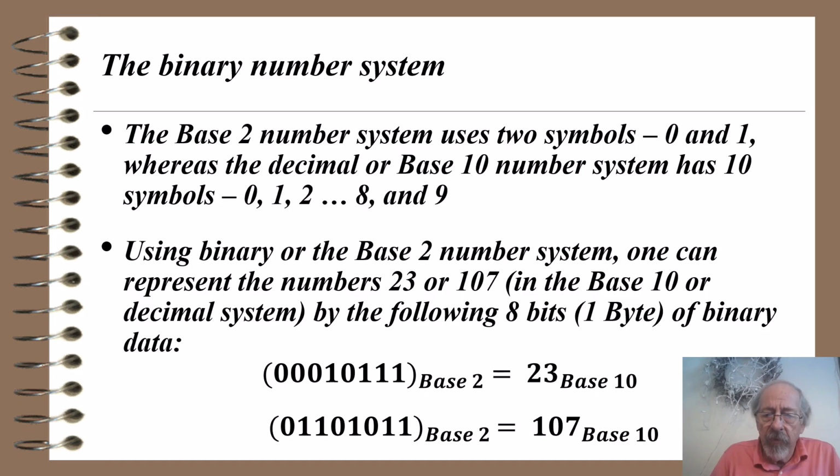Our normal decimal notation. Down below that, I show 0, 1, 1, 0, 1, 0, 1, 1, a binary base 2 number system, is equal to 107, standard decimal and base 10.